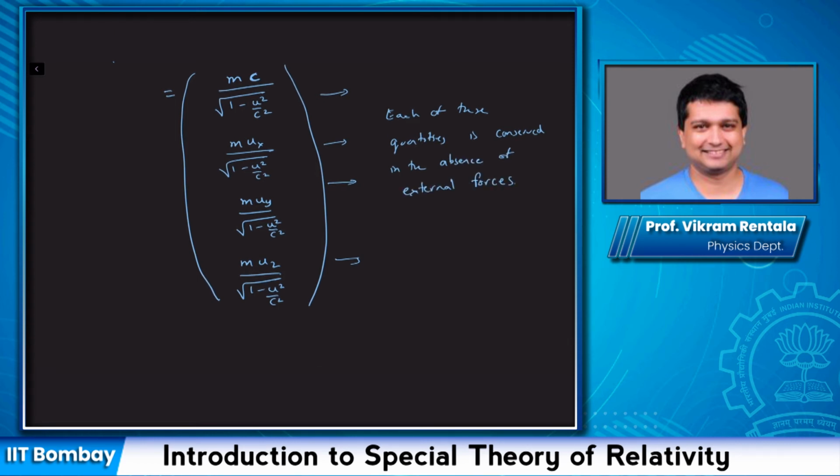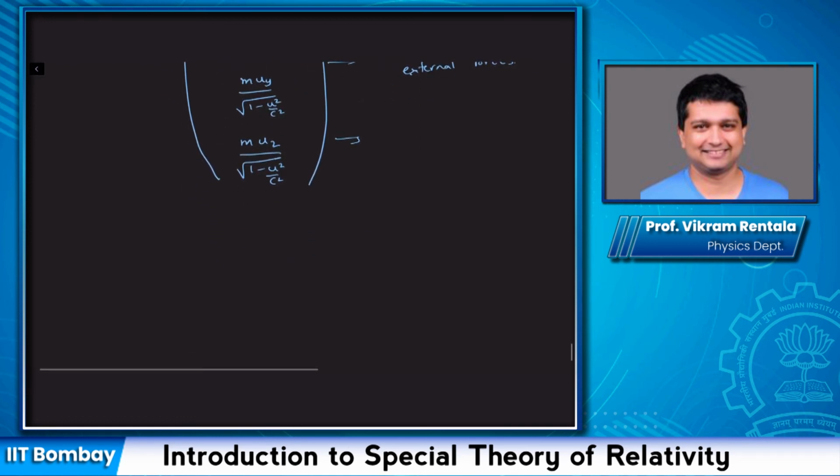So let's try to understand now what each of these components are. And this would be true, remember, in any reference frame, whether you're in a frame S or in a frame S prime, all of these 4 quantities would be conserved. Of course, ux, uy, and uz would change as I go from one reference frame to another. Now let's look, for example, at the x component of momentum.